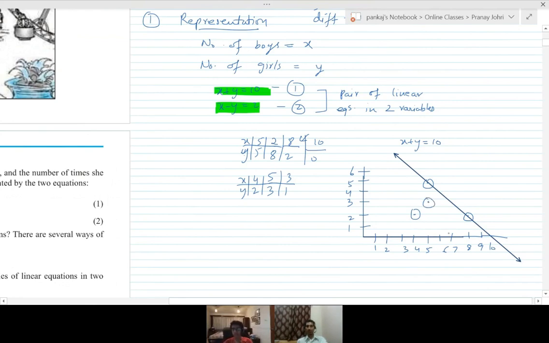Intersecting, something like that. So this is our x minus y is equal to 2. Now we can find the intersecting point. That's the next step. But this is the graphical representation.